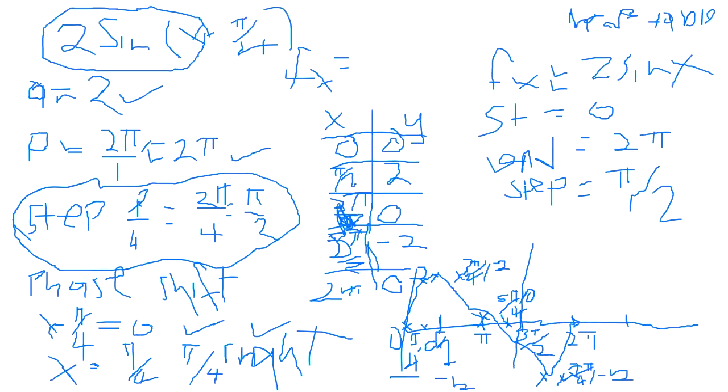Then there is 2 pi. So 2 pi will shift pi over 4 to the right.